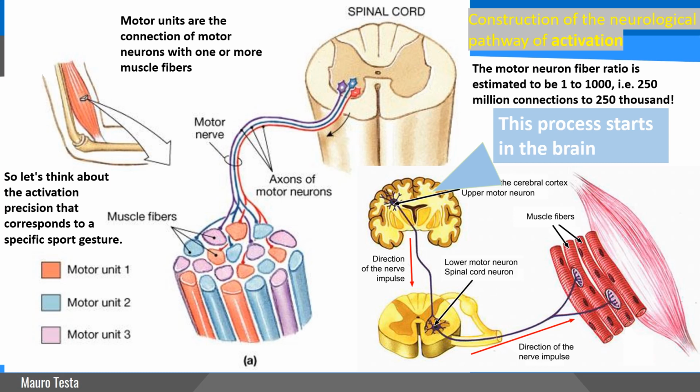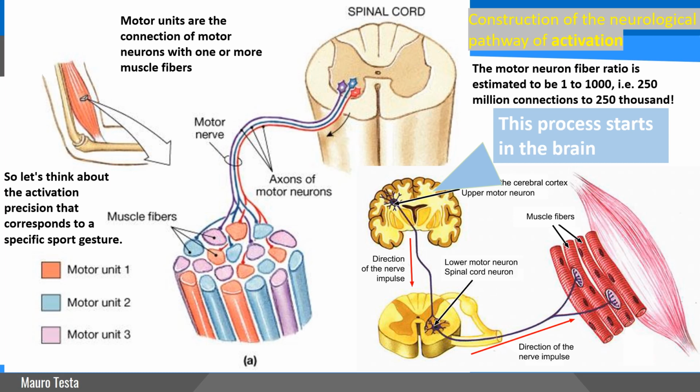So, for instance, imagine that all the muscle contained in the brachial biceps is in the relationship of 1,000. We have 253 motor units. So it means too much to use for one single muscle.